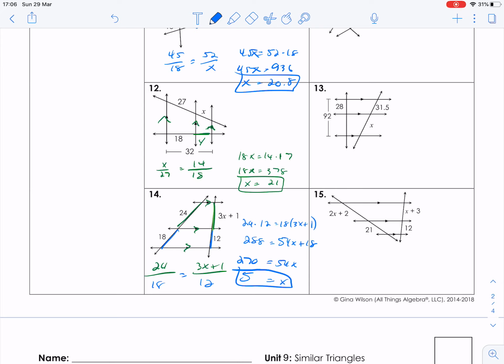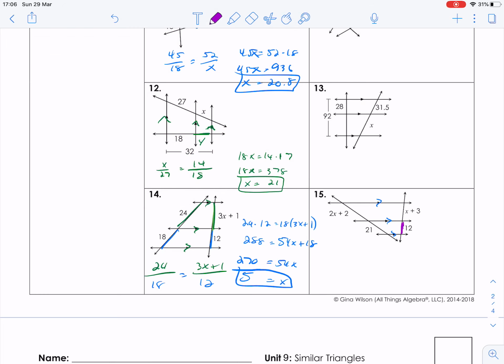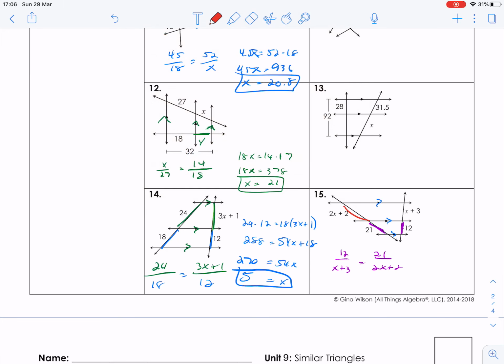Let's do 15 for good measure. All three are parallel. Let's change colors so we're not getting confused with the last problem. We get 12 divided by x plus 3 equals 21 divided by 2x plus 2.